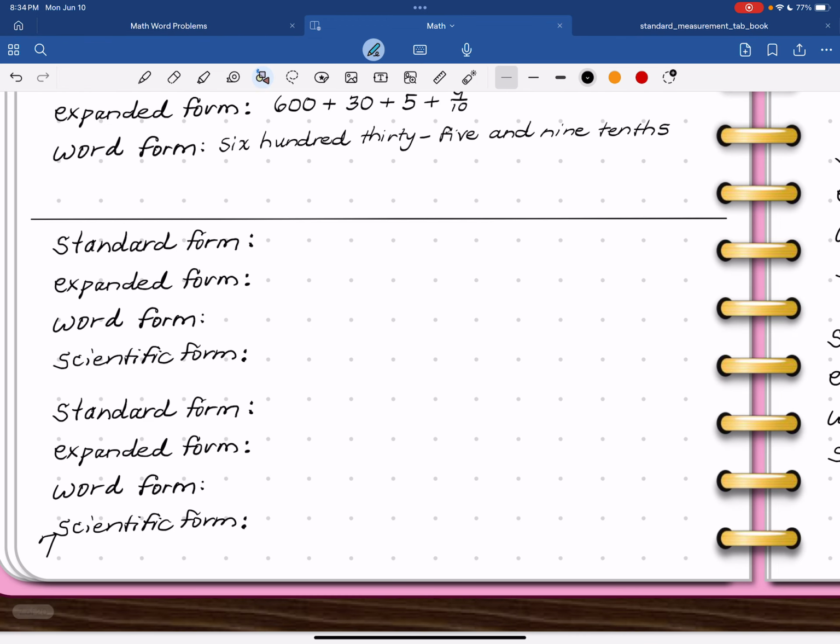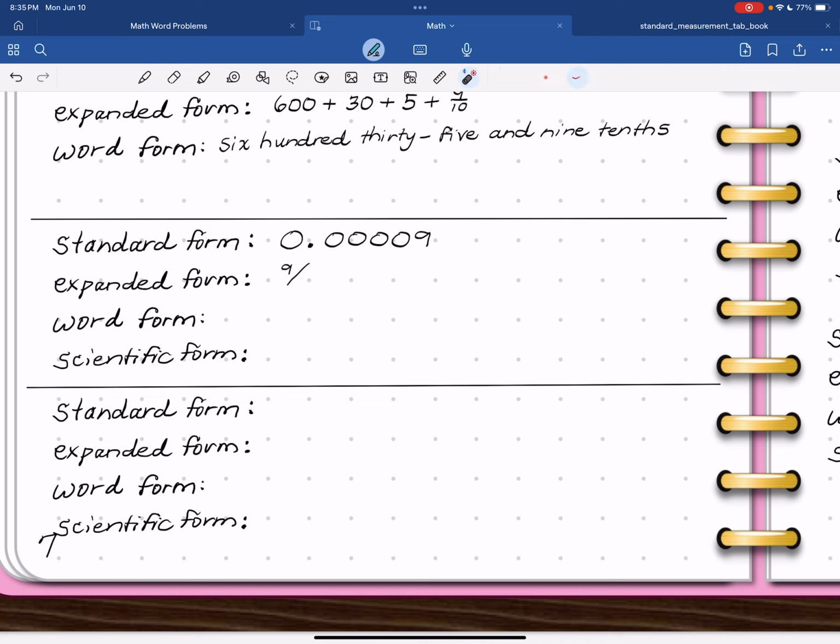All right, let me do another decimal. So let's do 0.00009. For expanded form, I only have to do a fraction. That is 9, and let's count our places.